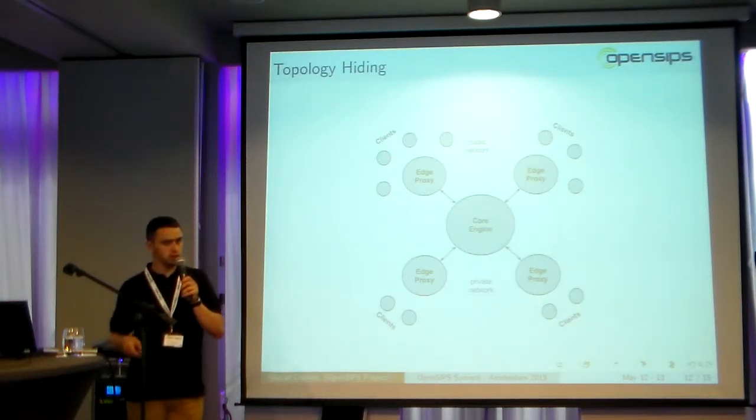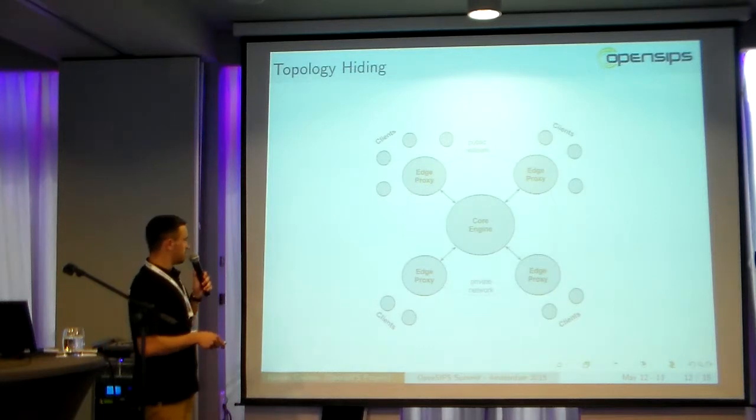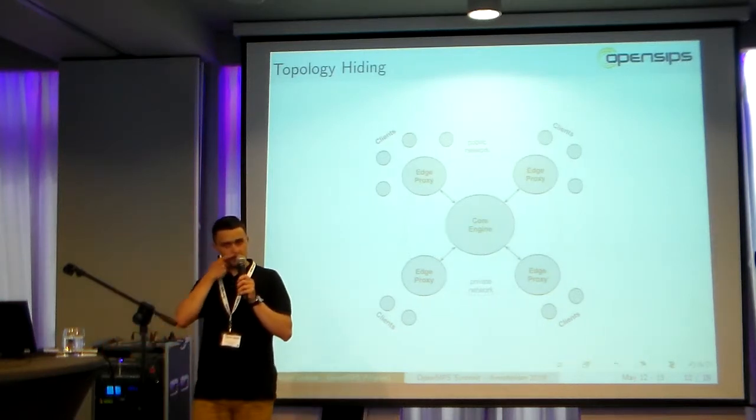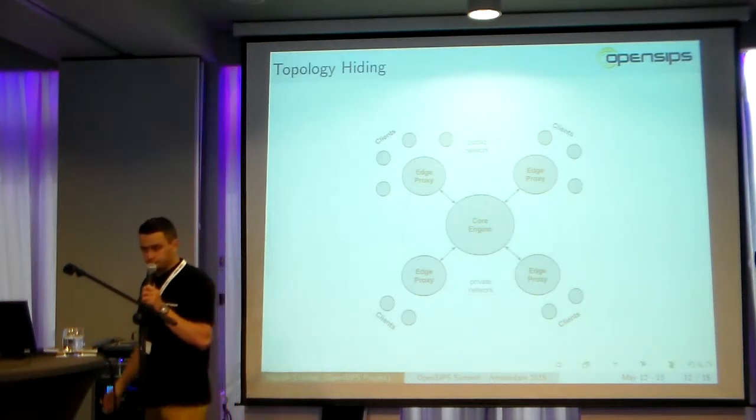When the 200 OK goes back, this client will see the entire path, starting from this client to this client, using the record route headers and the contact headers.